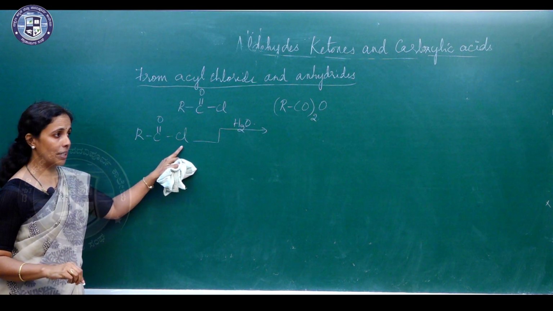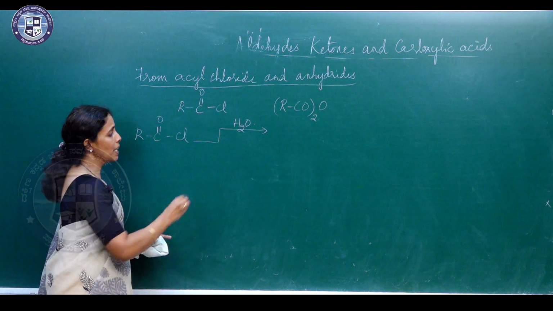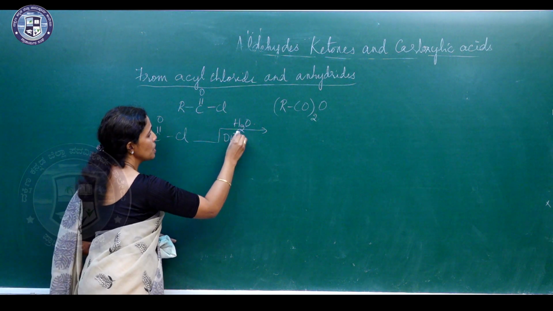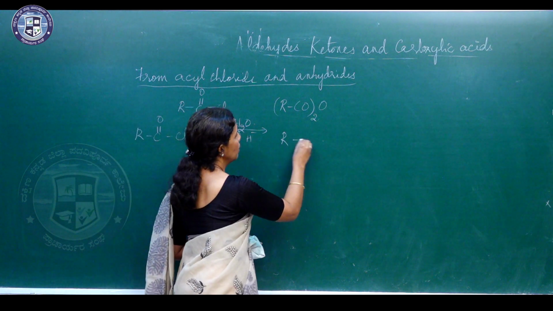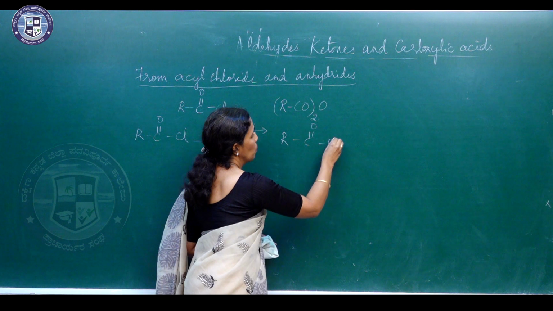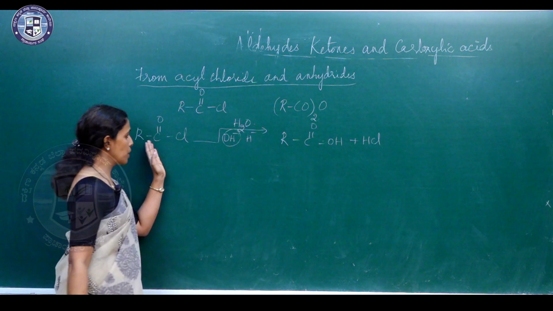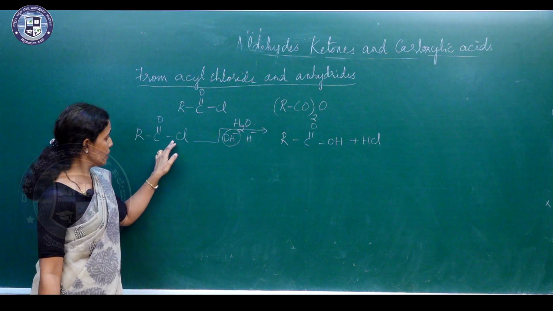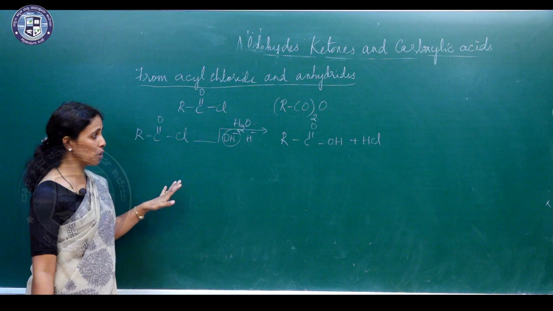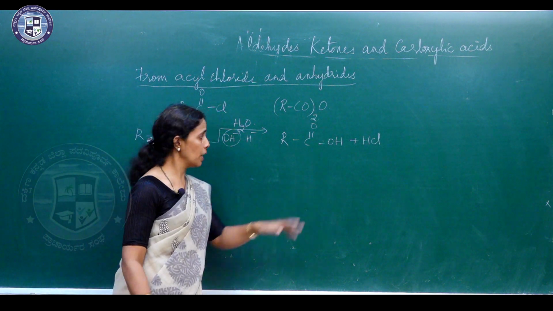Now, Cl minus is a very good leaving group. So, this is going to be replaced by the OH of water, and so we get RC(=O)OH along with HCl. So, since the chlorine atom is a very good leaving group, it will be substituted by the OH group. So, we get carboxylic acid.